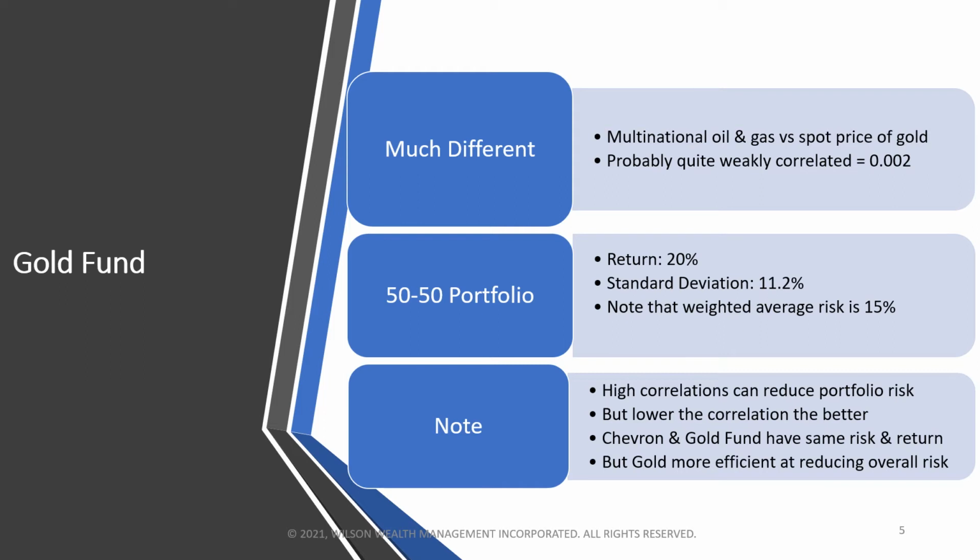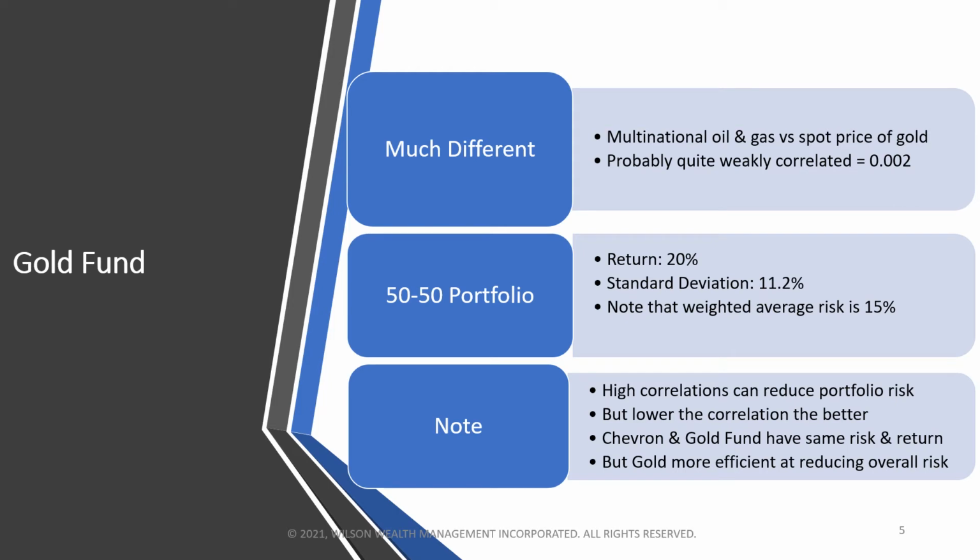So the notes I have here are high correlation assets can still reduce overall portfolio risk. Chevron, Exxon, 0.85, we saw a little bit of risk reduction for the portfolio. But the lower the correlation, the better.